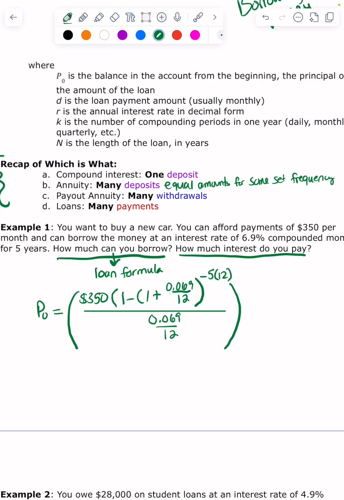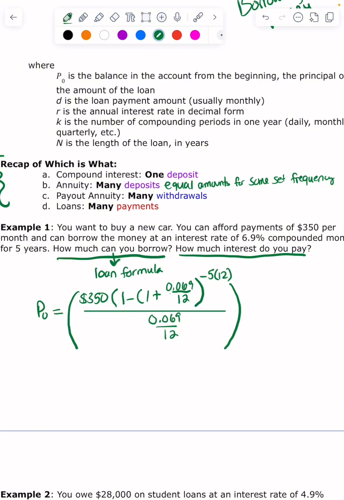Close parenthesis, come out of the exponent, close the parenthesis for the 1 minus 1 plus part, and then we go down to the bottom and do 0.069 divided by 12.